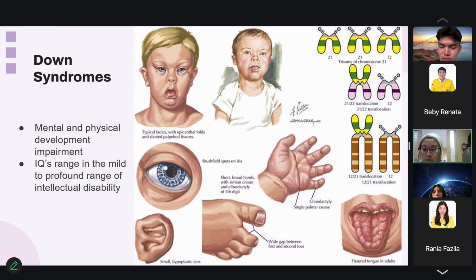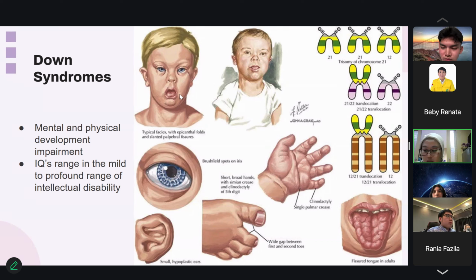The most common manifestations are intellectual disability and a unique physical appearance. The intraoral manifestations include macroglossia, so the tongue is bigger than in typical people and has fissures.